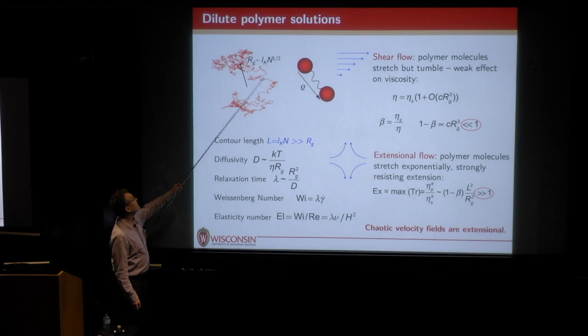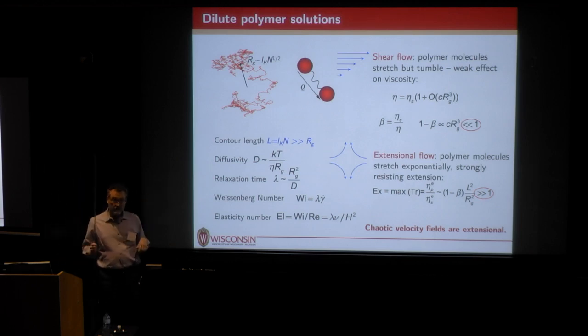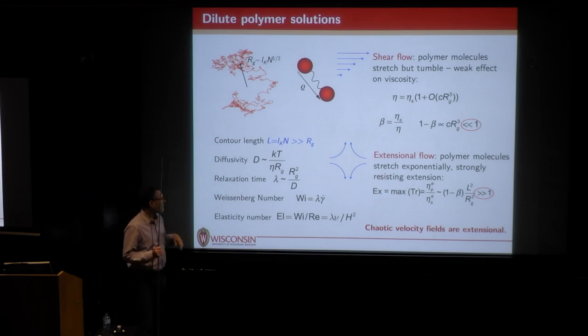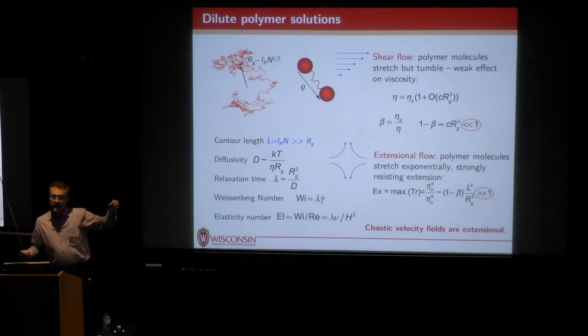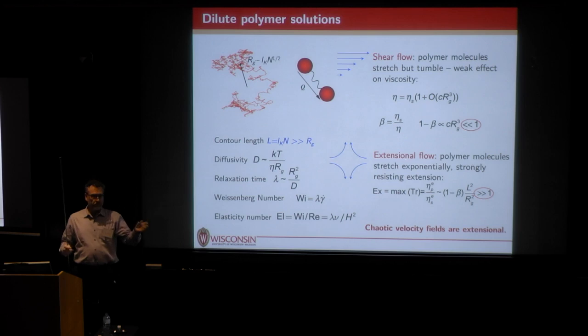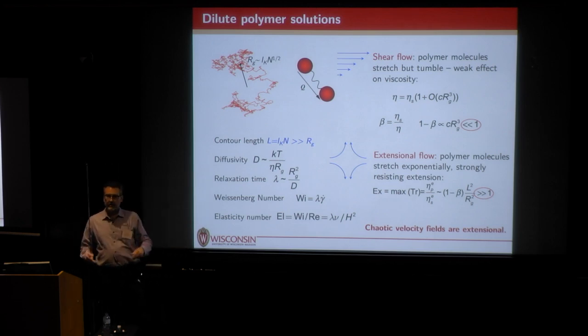A long-chain polymer molecule at equilibrium, roughly speaking, is a random walk along the chain backbone. It's got some contour length for each random walk step, and then it's got an equilibrium length, which, if it's a regular random walk, is the square root of the number of segments. That gives you a measure of the size of the chain.